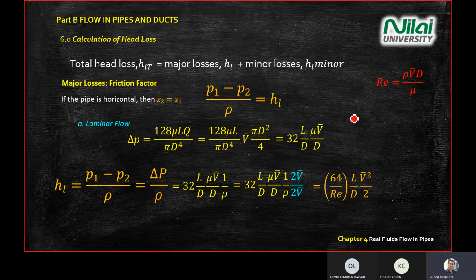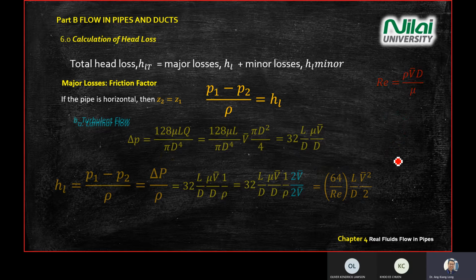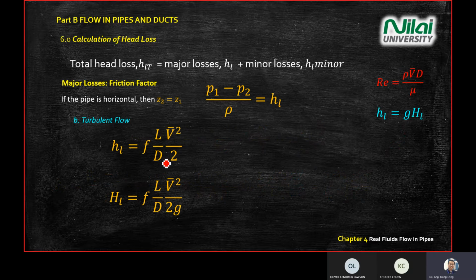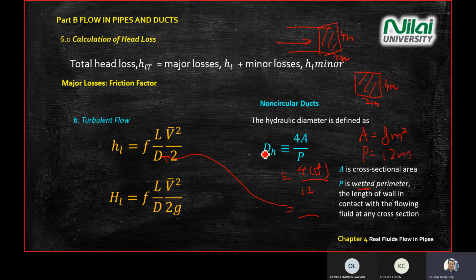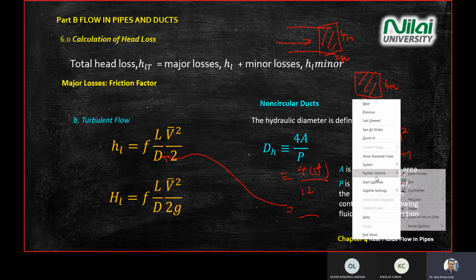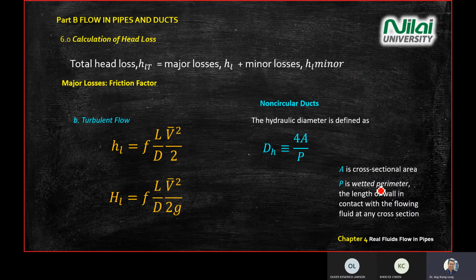If you are not using a normal circular pipe, but a rectangular or square duct, then you replace D with 4A divided by P. Okay, clear? So this is an important side equation to replace D to find the major losses. I will move a little bit faster, since both of you seem able to absorb.